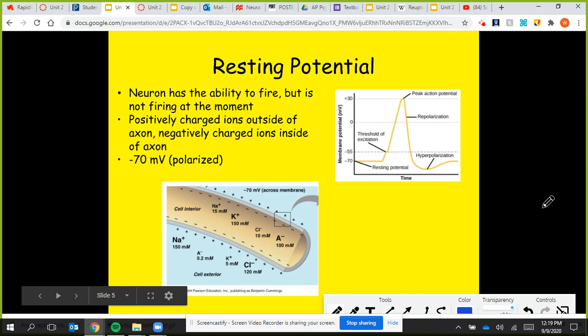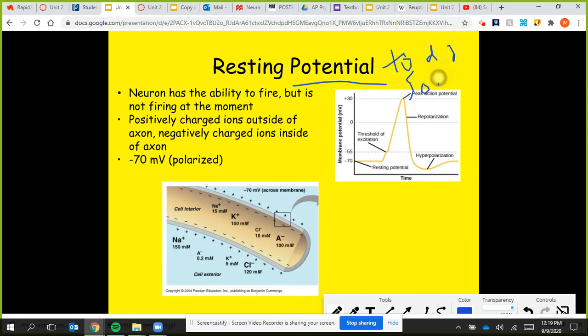So when a neuron is just chilling, not doing anything, but it has the ability to fire to communicate with other neurons, it is said to have resting potential. It is resting, but it has the potential to do something.